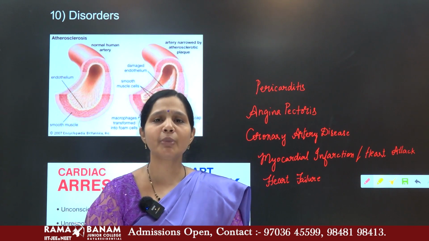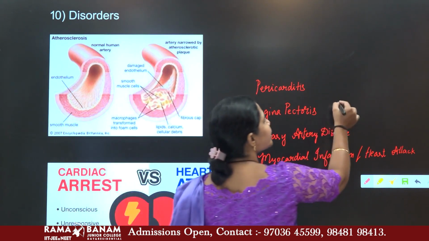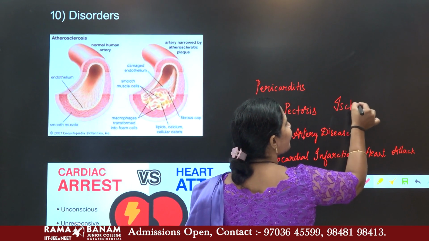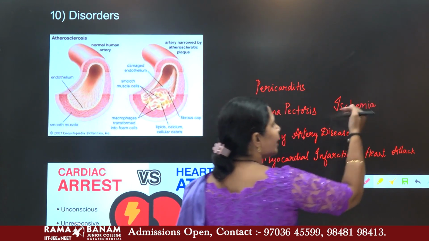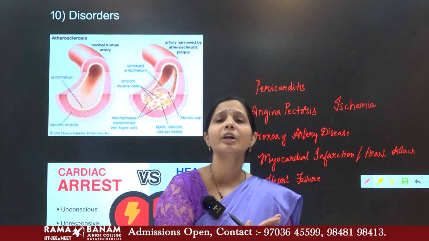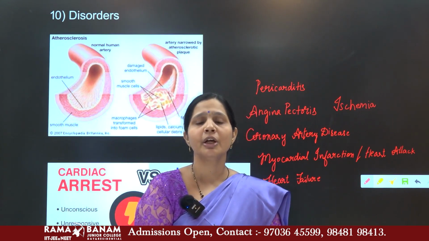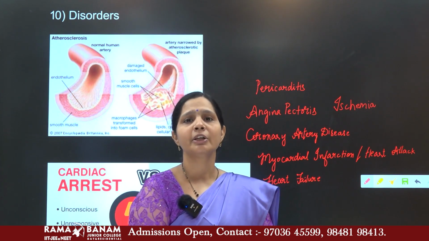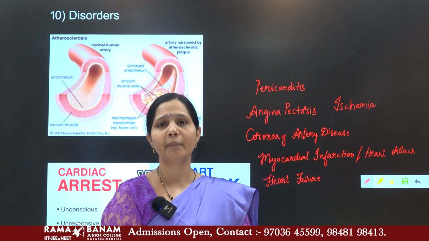So insufficient blood supply to the heart is what is known as ischemia. And obviously whenever there is ischemia, it will be accompanied with hypoxia also, thereby leading to the condition what is known as angina pectoris.